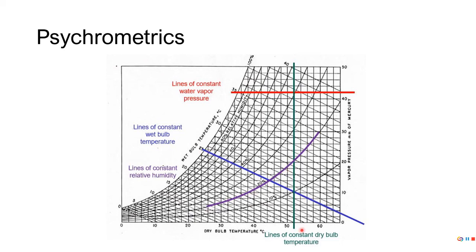Now, what's important to know is that dry bulb temperature will always, always, always exceed wet bulb temperature. The reason for that is that wet bulb temperature is the temperature of the air when, like I said, we're saturated.